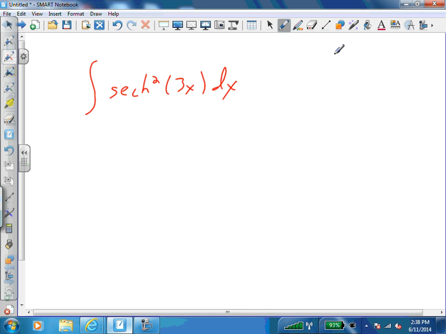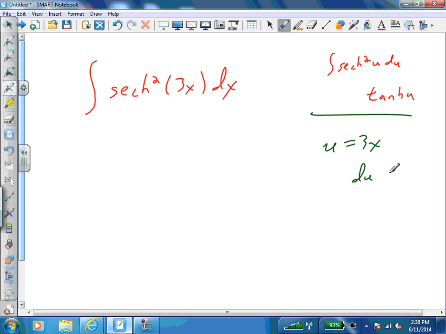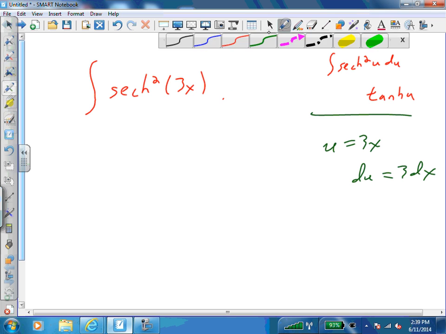But yeah, the integral of hyperbolic secant squared is hyperbolic tangent. So what is our u? Our u is 3x, so what is du? 3 dx. We have our dx, but what are we missing?